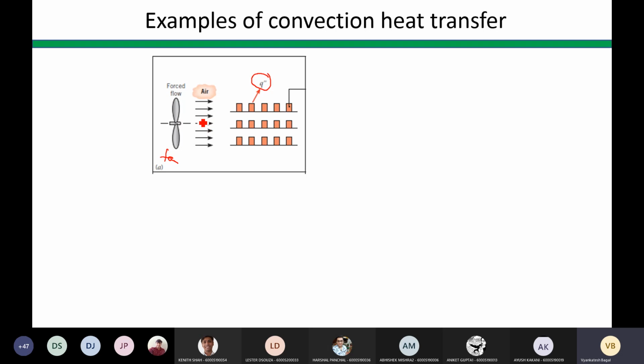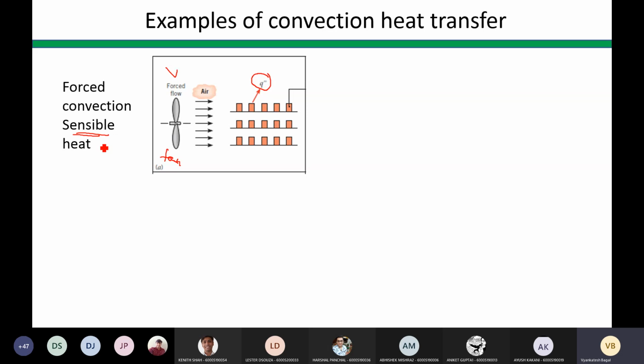So this fan is forcing the air over this PCB. What type of heat transfer is this? This is a case of forced convection because the fan is there, and what it takes out from the surface is sensible heat.